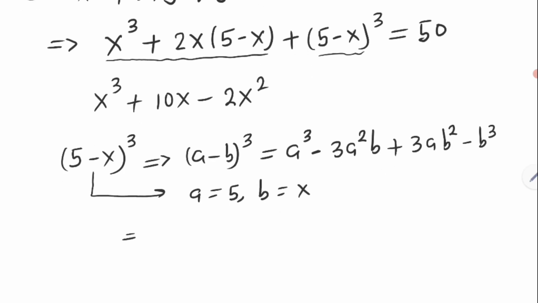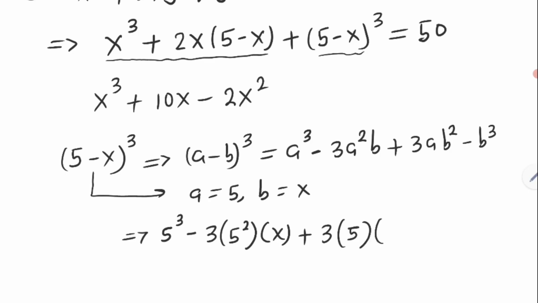So this is the same thing as 5 raised to power 3 minus 3 bracket 5 square bracket x plus 3 bracket a is 5 bracket b is x square minus b raised to power 3, that is x raised to power 3.